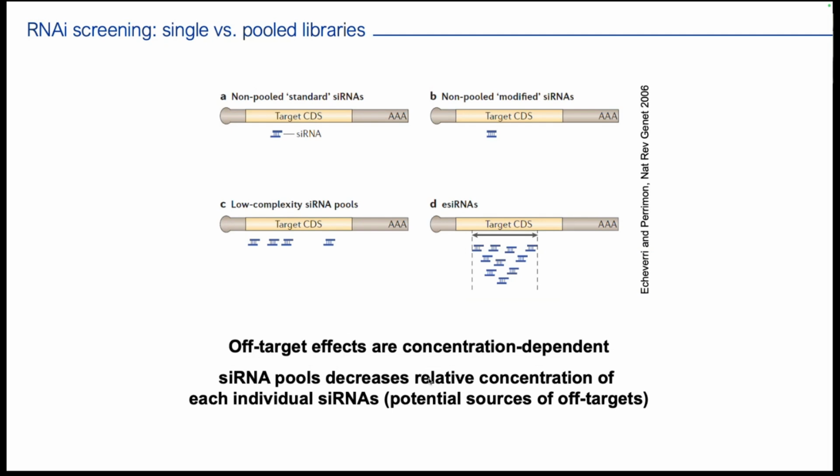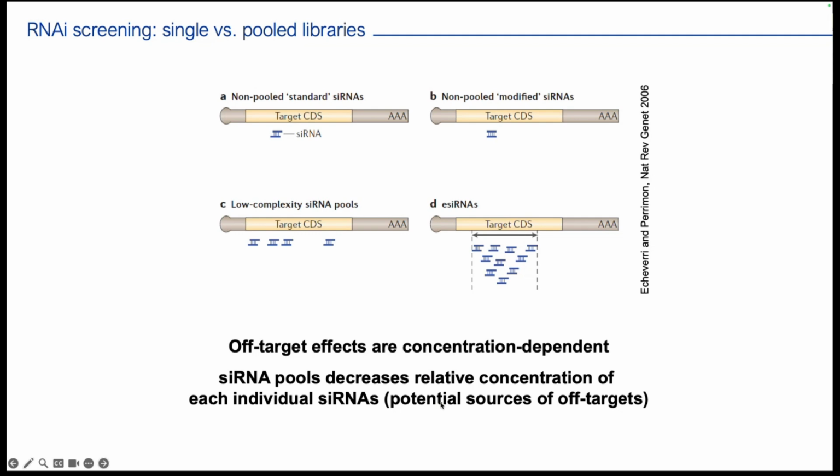So to try to overcome these limitations, there are other things that one can do, and the libraries that we use for silencing also incorporate some of these modalities. You may have asked yourselves why, when you do an experiment, you buy an sRNA pool and not a single sRNA. This is related to the off-target effects. The concept is that the off-targets are, of course, concentration dependent.